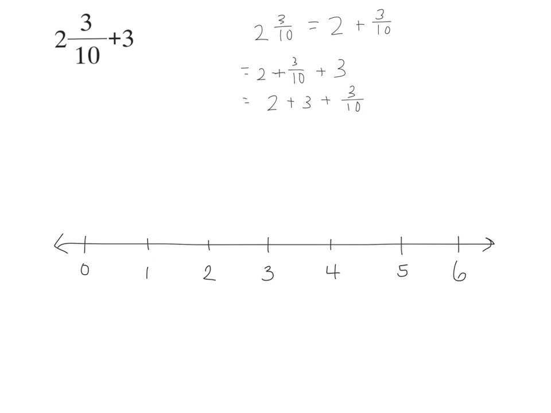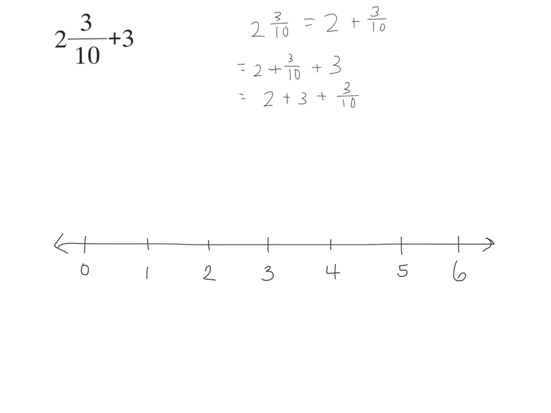So if we know that, go ahead and draw yourself a number line. We're going to start at 0. If I am going to move 2 first, what number would I be at? 2. And I have to add how many next? 3, which puts me at 5. Do you guys notice how when I'm moving on the number line at the top, I'm writing how many I'm adding? So plus 2 and then plus 3. And then what do I need to add next? I've added 2. I've added 3.